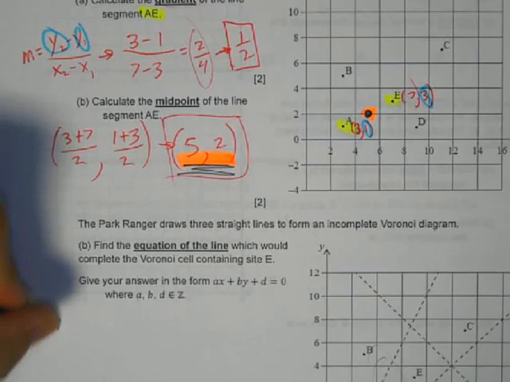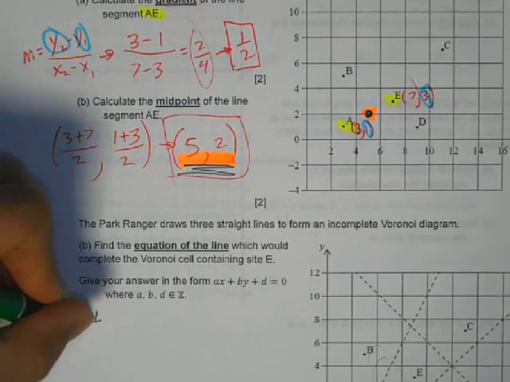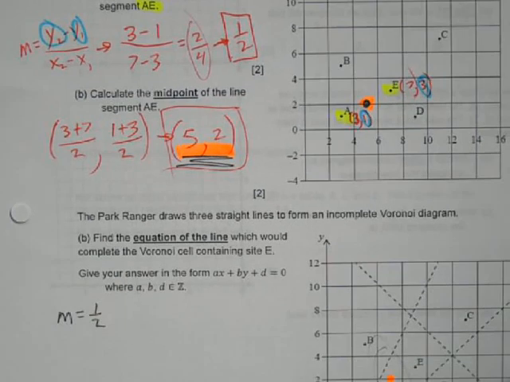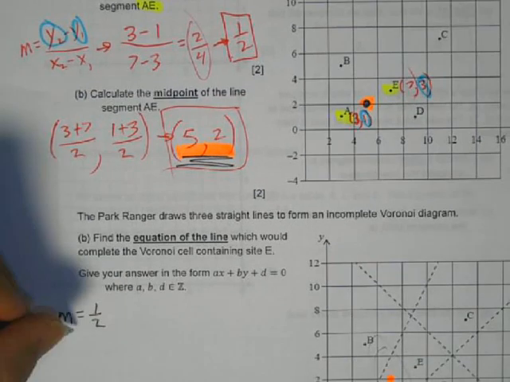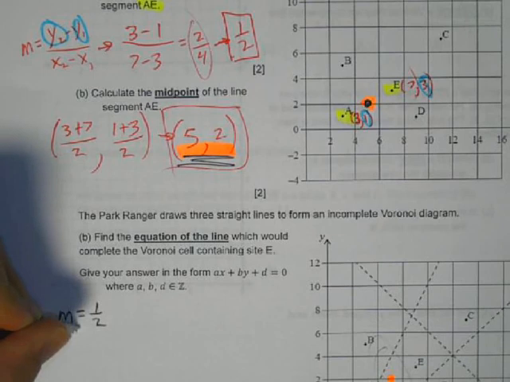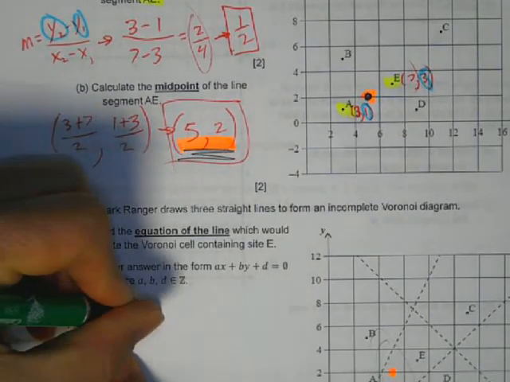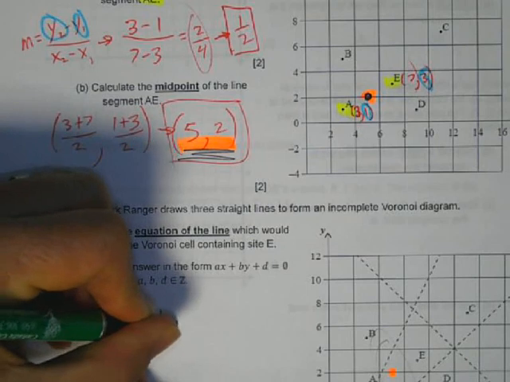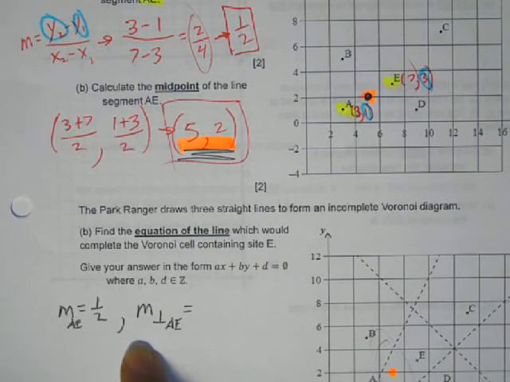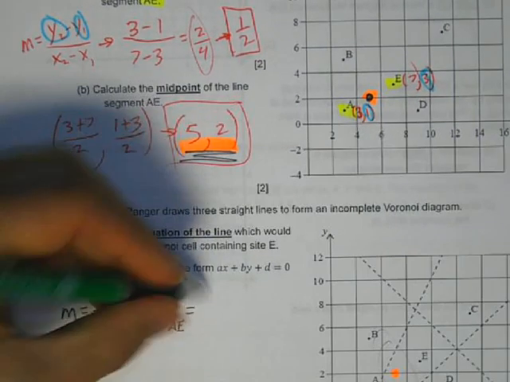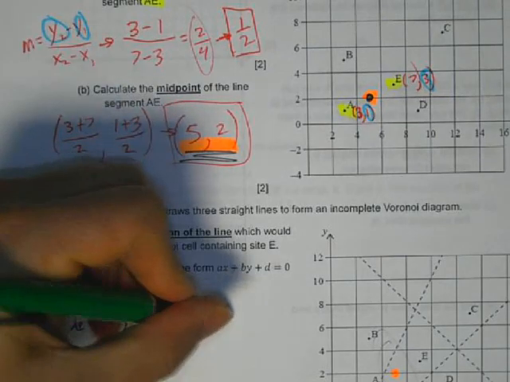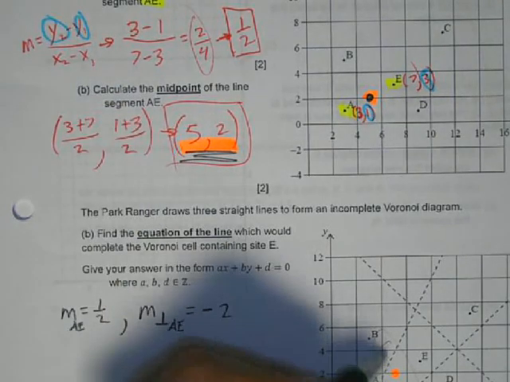So we know the slope between A and E is 1/2. So that means my perpendicular slope for A and E is going to be the reciprocal and the opposite sign, so -2. So it's going to be going like that.